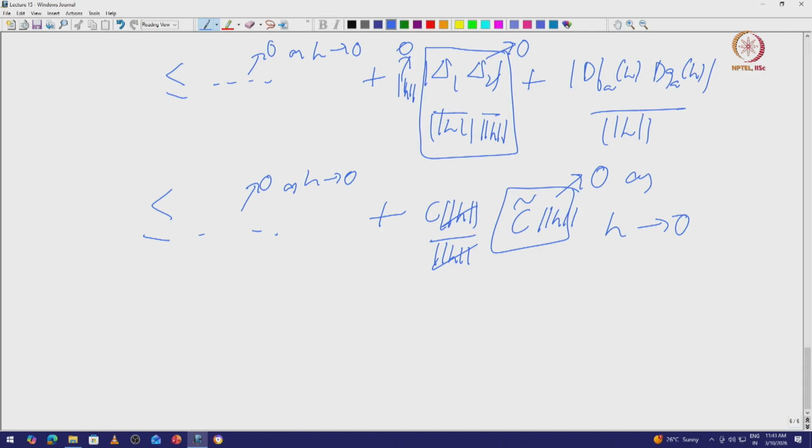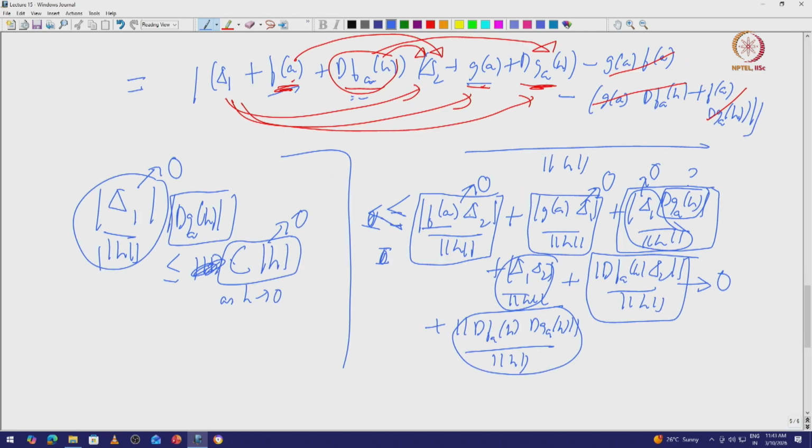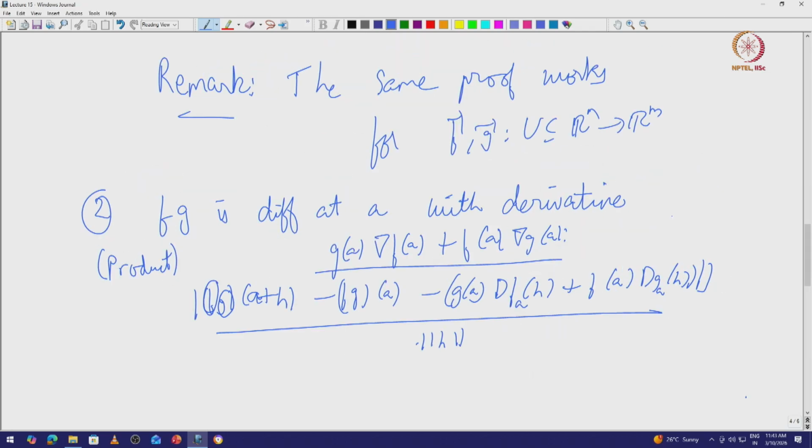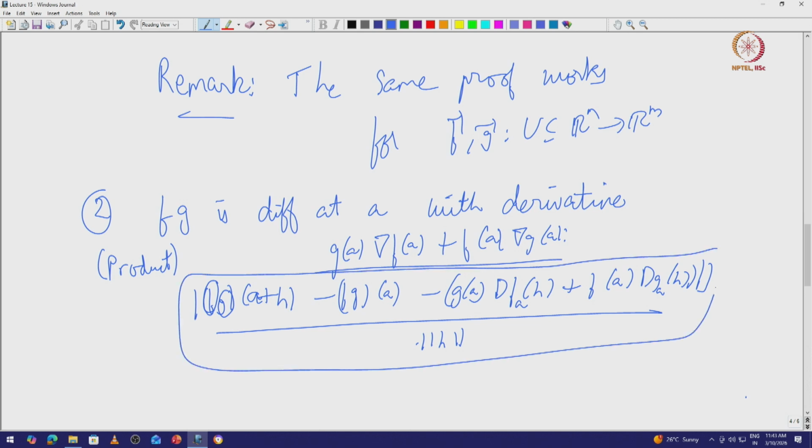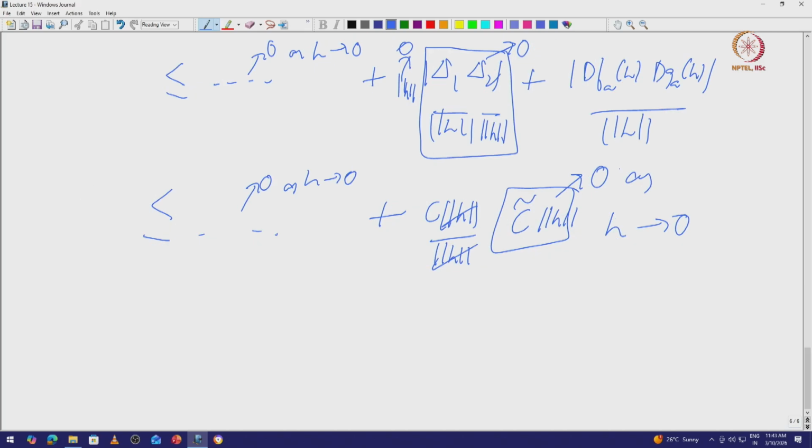In other words, we have successfully proven that this piece goes to 0 as h goes to 0, and therefore by definition of the derivative, f times g is differentiable with the derivative being given using our familiar product rule.